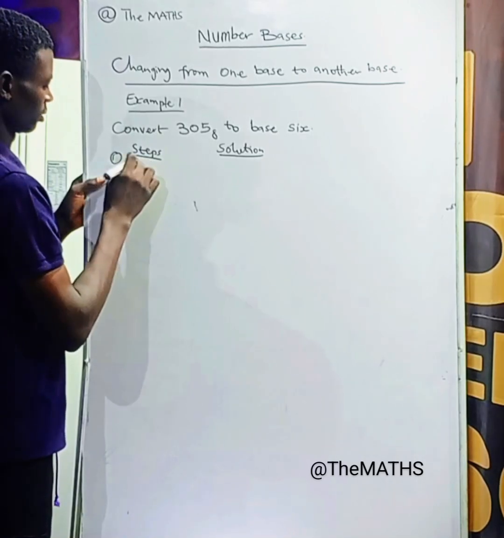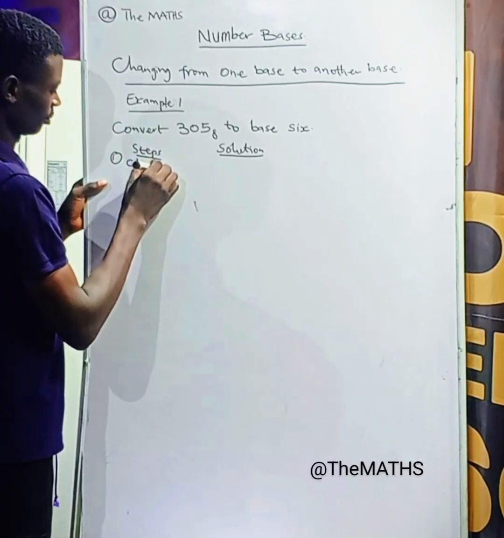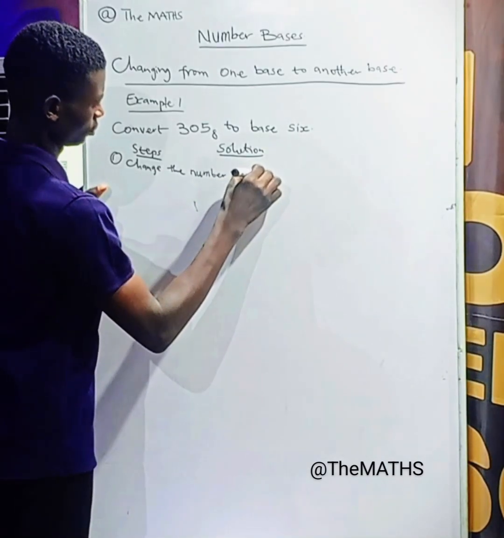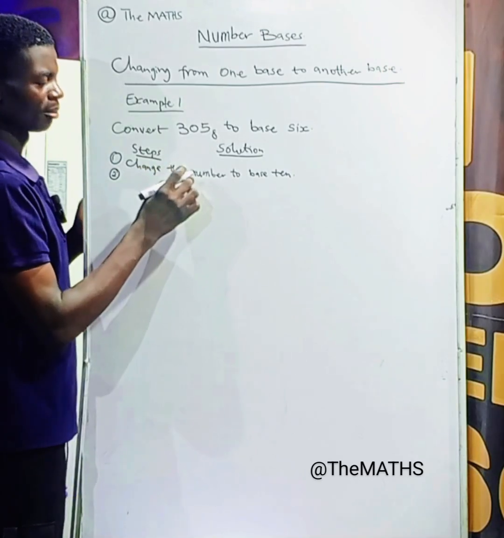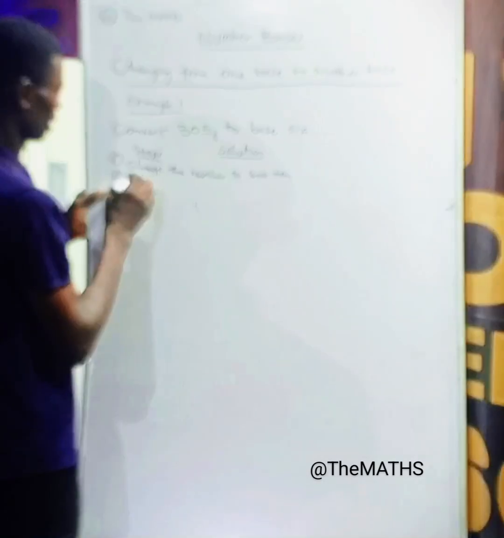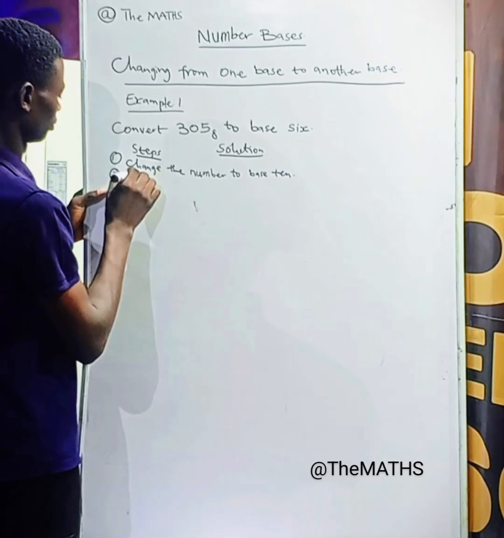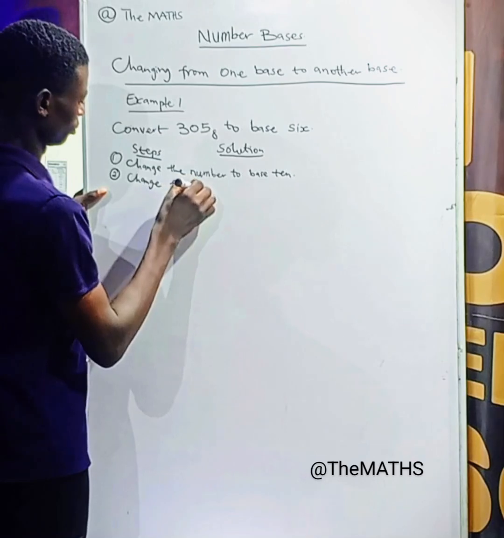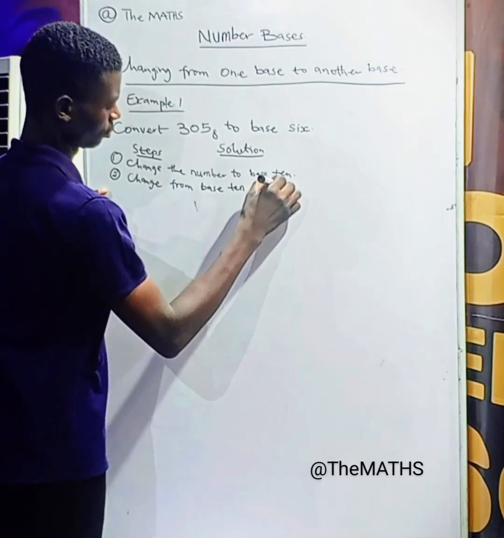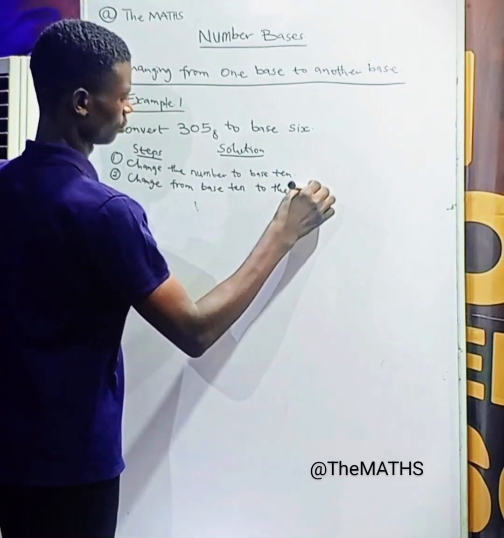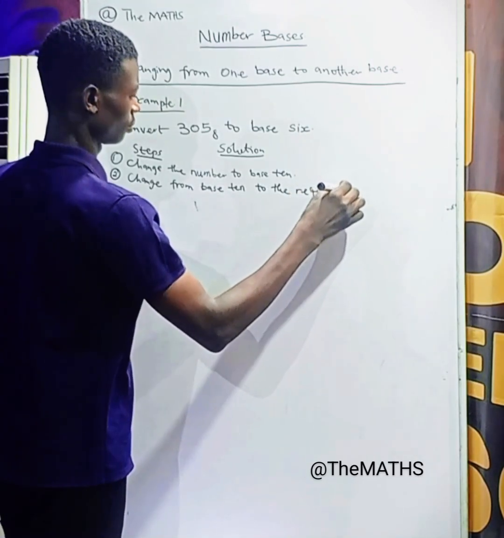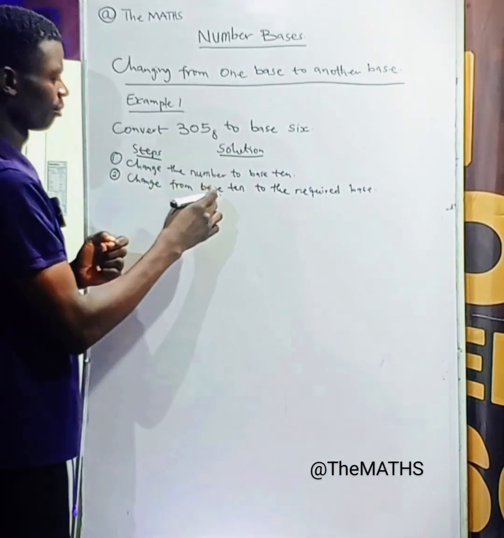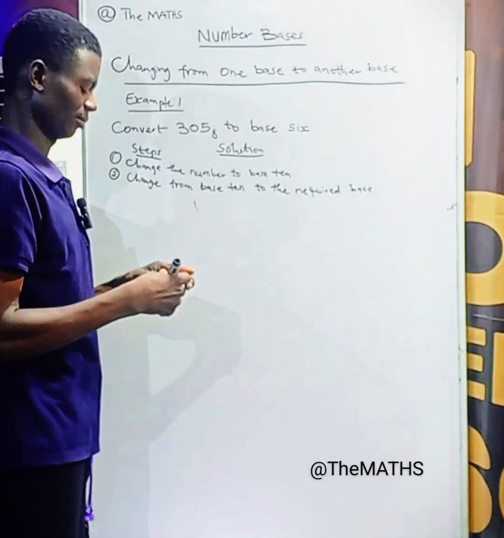First, change the number to base 10. Then the second one, change from base 10 to the required base.